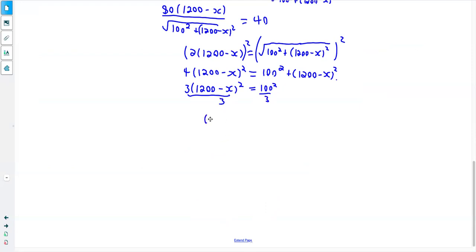So that gives us (1200 minus x) squared equals 100 squared divided by 3. At this point, I take the square root of both sides to get rid of those squared. So that gives us 1200 minus x equals, sorry, 100 over root of 3, because taking the square root just cancels out the squared.